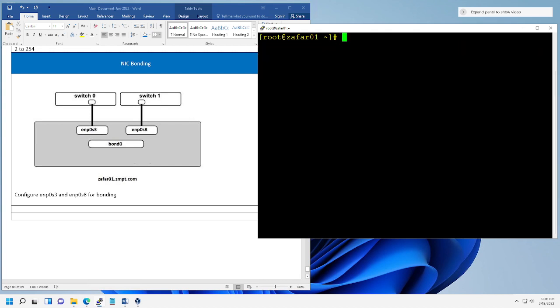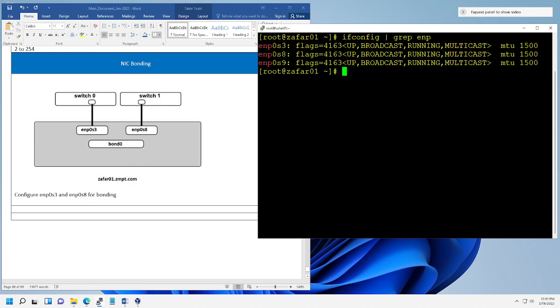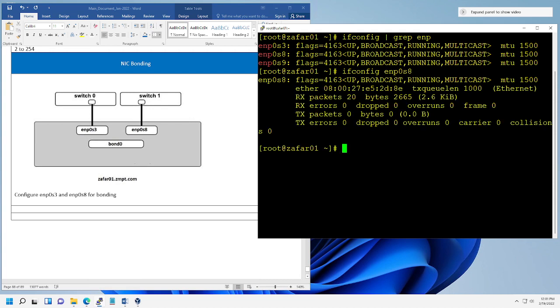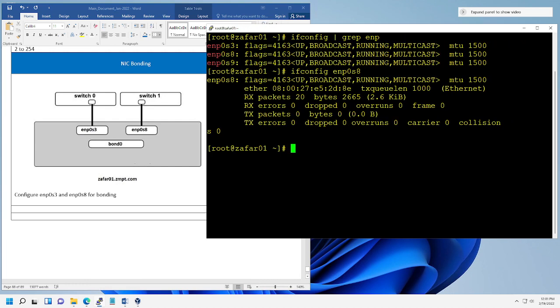So what I'm going to do is, I have this here, and ENP0S8. ENP0S8 is just sitting there and getting wasted. Nothing is happening with it, okay?